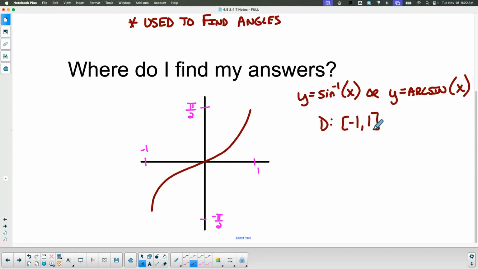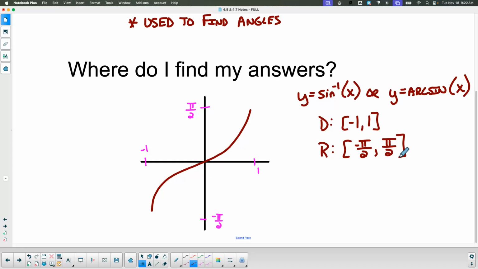That's what I'm putting in. But my range now is going to be restricted from -π/2 to +π/2. That will give us all of the answers that we can get from that.